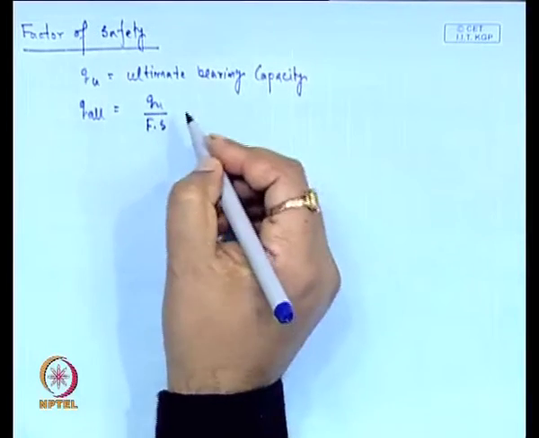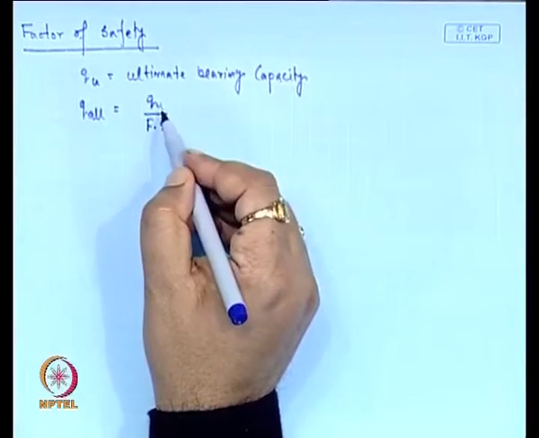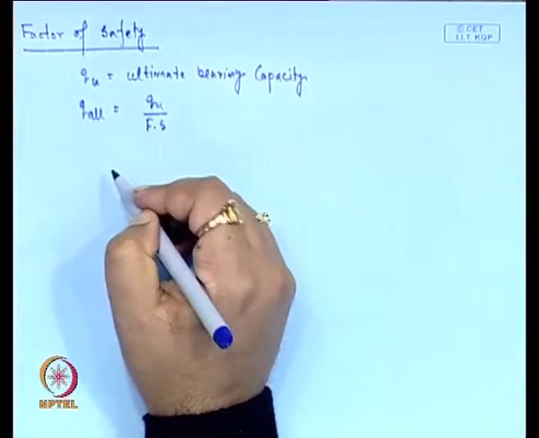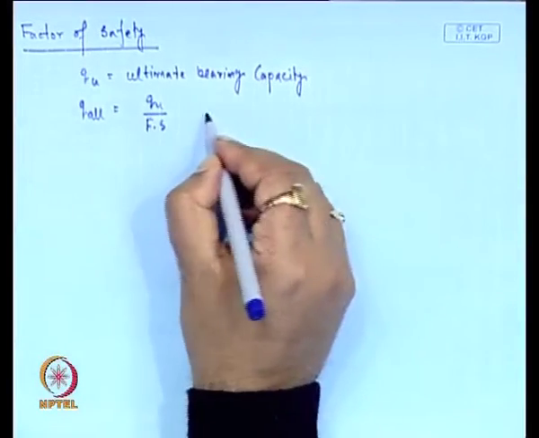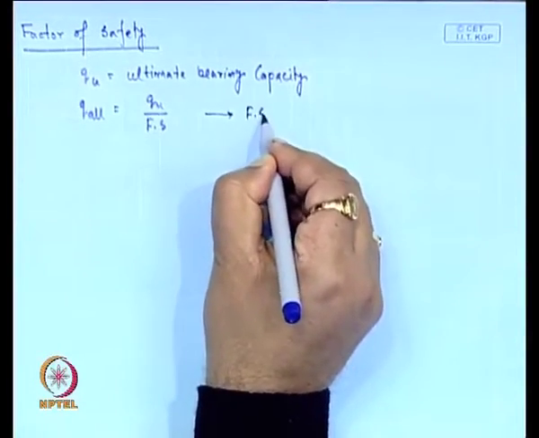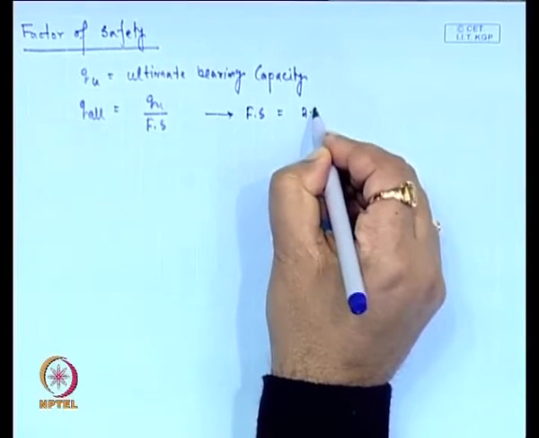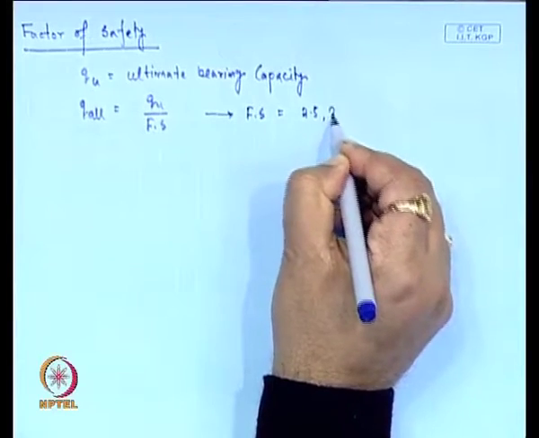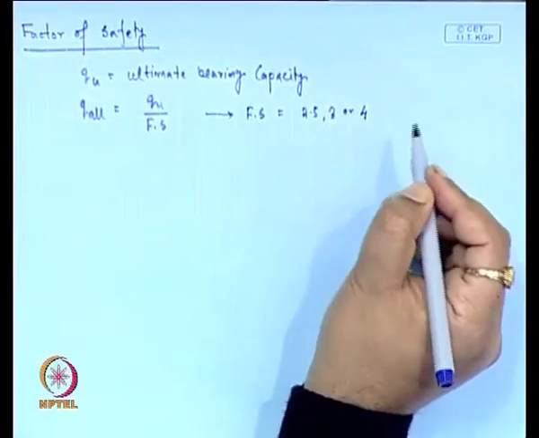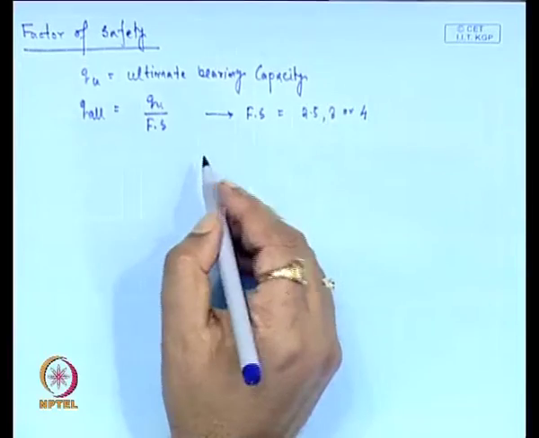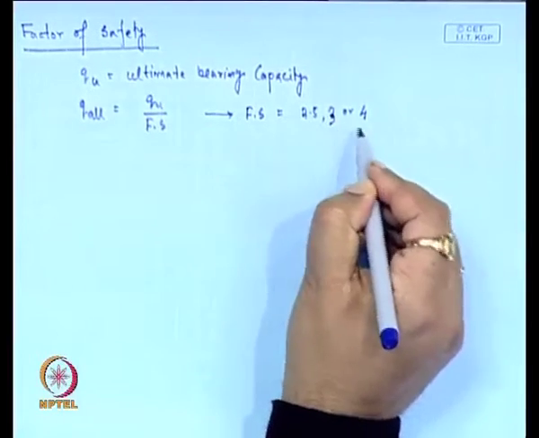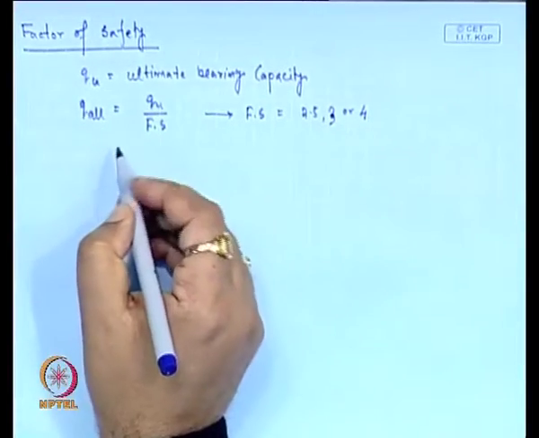That means Q allowable is Q ultimate divided by factor of safety. Now, this factor of safety, as I have already mentioned, we can take around 2.5 or 3, or even 4 we can apply.